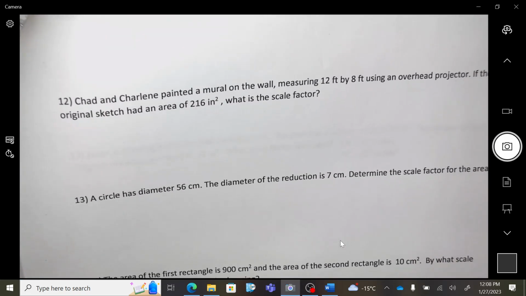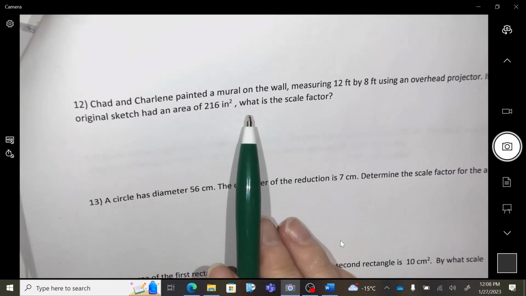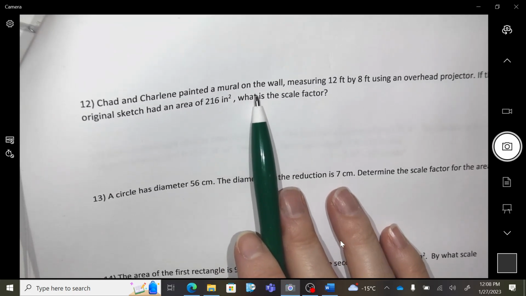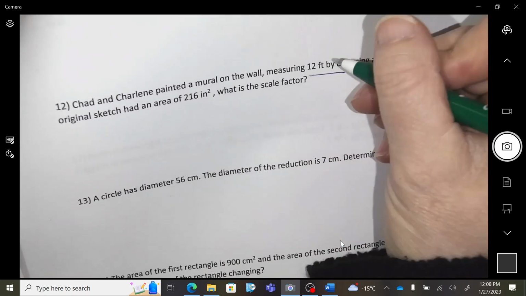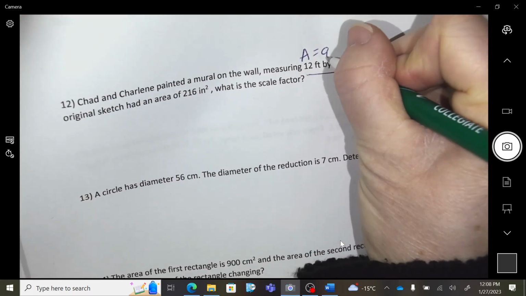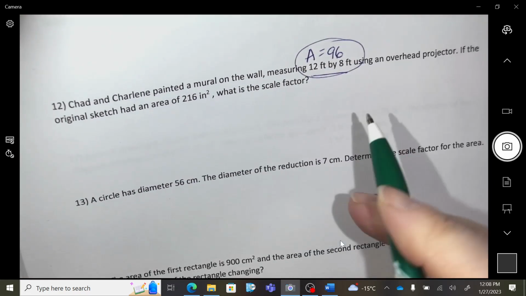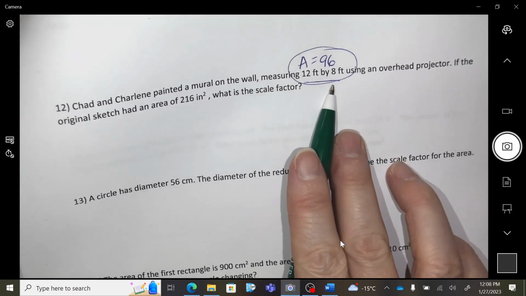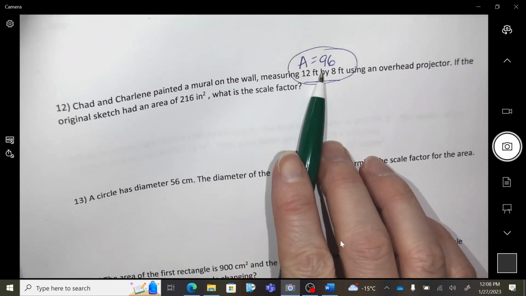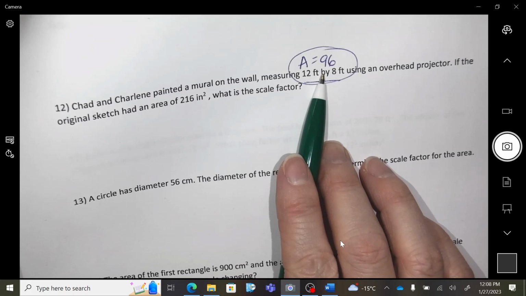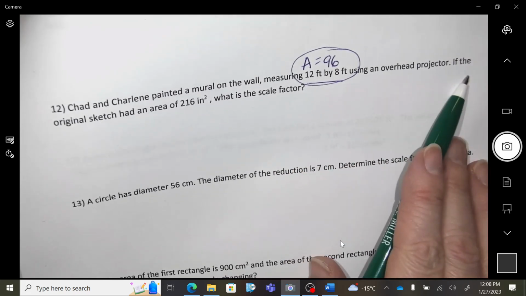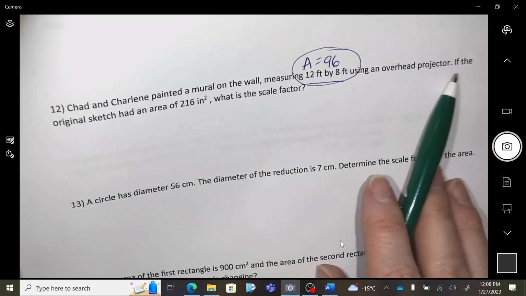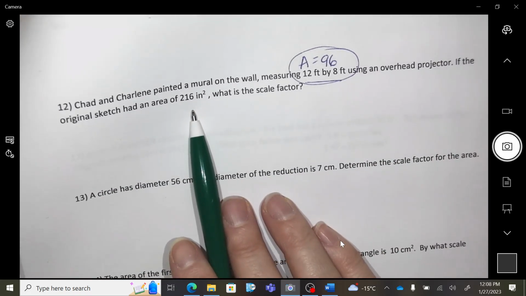Okay, let's check out Chad. They painted a mural on their wall measuring this. So if the mural is that dimension, it has an area of that. The original area was that.